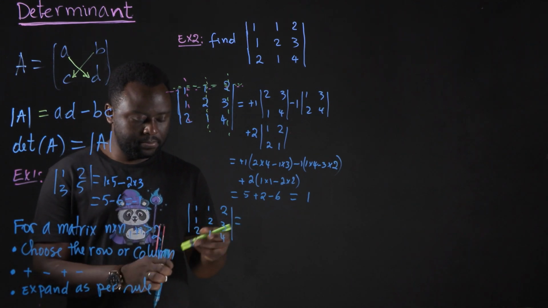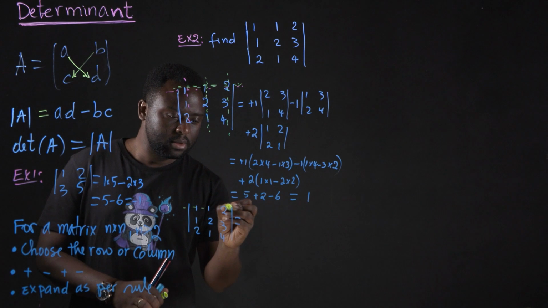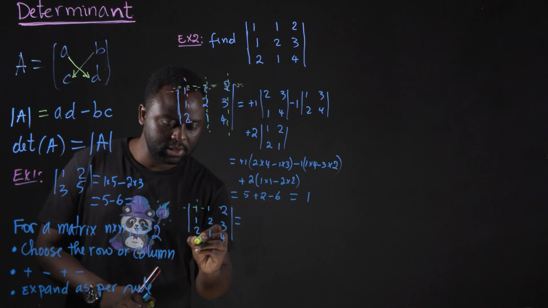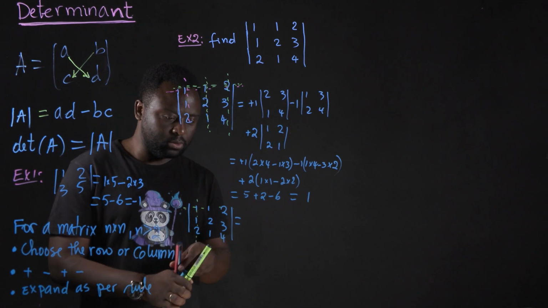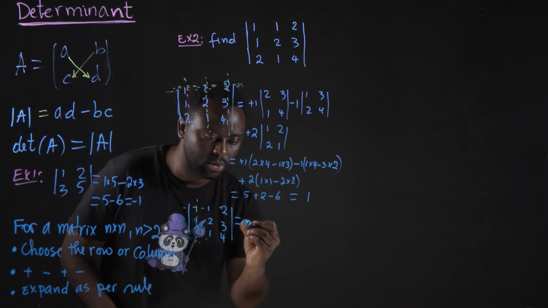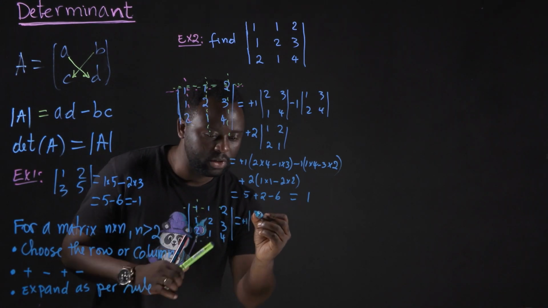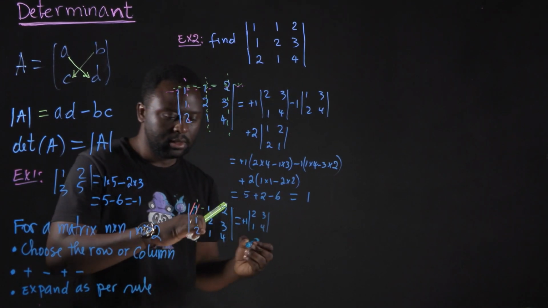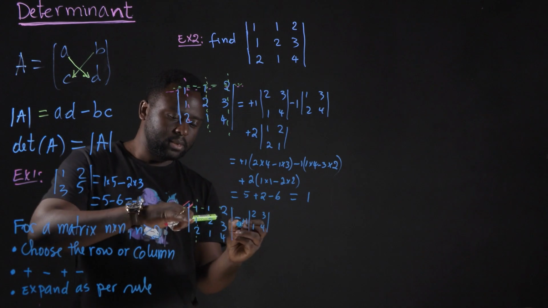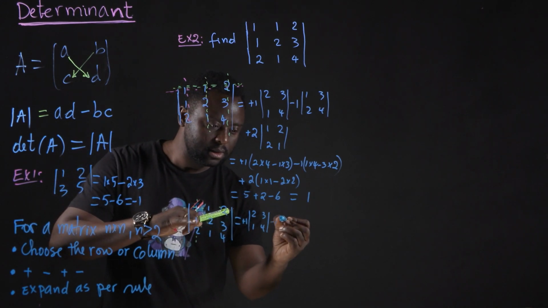So I start with the first term. If I cross this, this is what we have. It's still first one. This is plus 1. And I remain with 2, 1, 3, 4. Secondly, I cross this second term. This is minus 1.